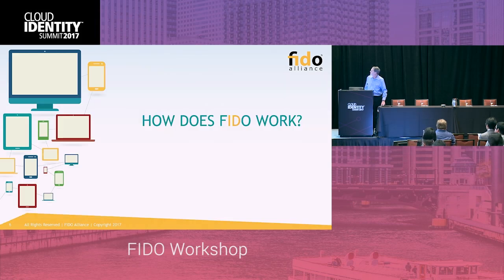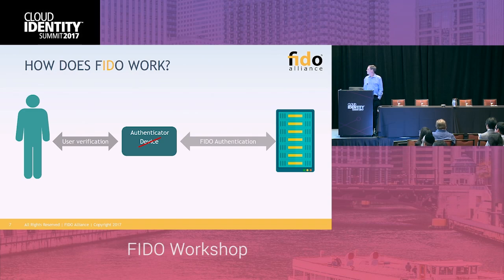And so how does FIDO actually work? We replace the device with basically what we call an authenticator. An authenticator can be different things. They can be USB devices, they can be TPM chips, they can be trusted execution environments in phones and other types of devices. So that's basically what makes up the authenticator itself. The authenticator can be separate from the device, or it can be embedded in the device.